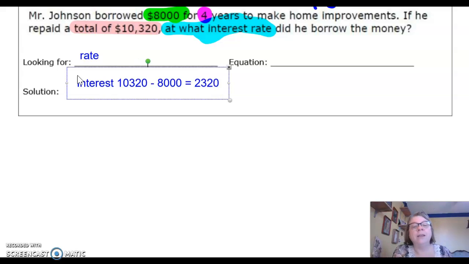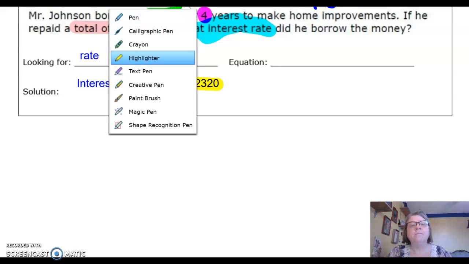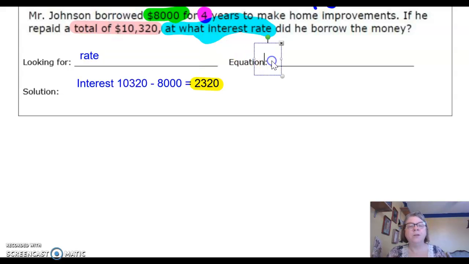I'm going to double check that, yes. All right, so now to do my equation, if you remember, go here. This is my interest right there.